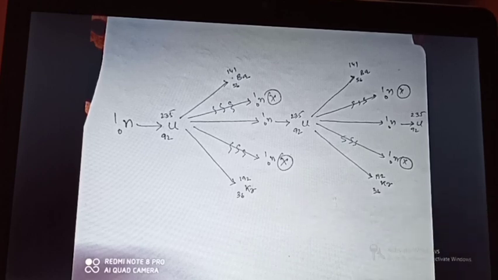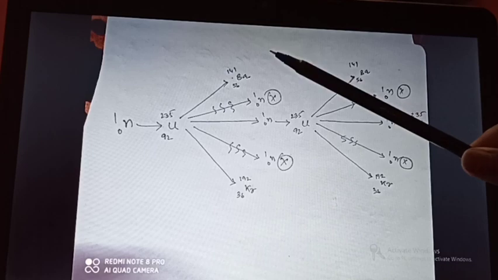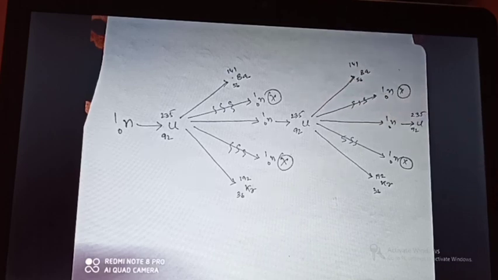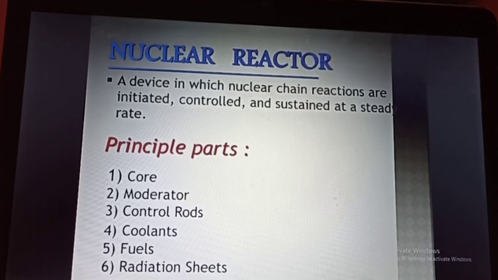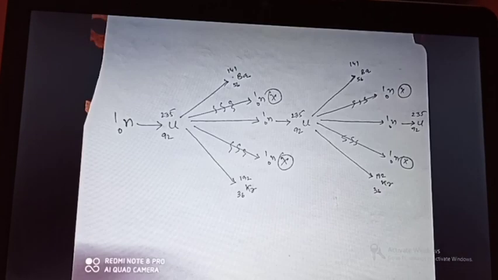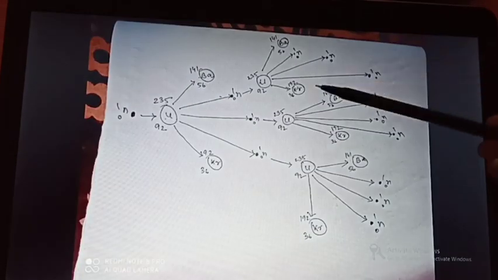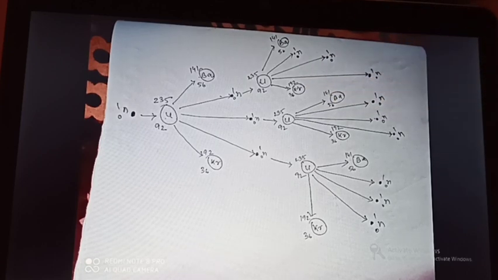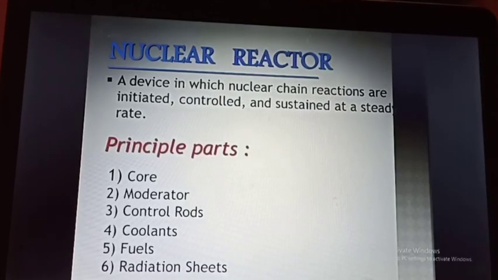Okay, and this can be carried out with the help of a device known as a nuclear reactor. Here the nuclear reaction is controlled. That means the uncontrolled nuclear reaction can be controlled with the help of a device that is known as a nuclear reactor.